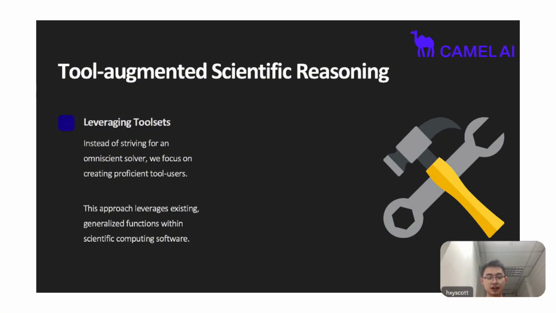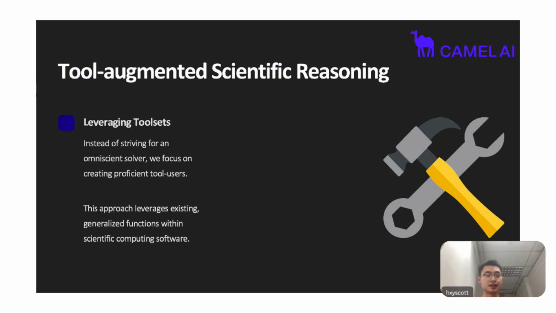For example, let's say you already know that there are some libraries or functions dedicated to solving, say, Coulomb's law. Then instead of memorizing how it works, you just learn to use the tools and get the answer out of it. This approach is very generic, such that it doesn't have to be a specific domain. It can cover multiple domains. As long as you know how to use the tool, you're done.